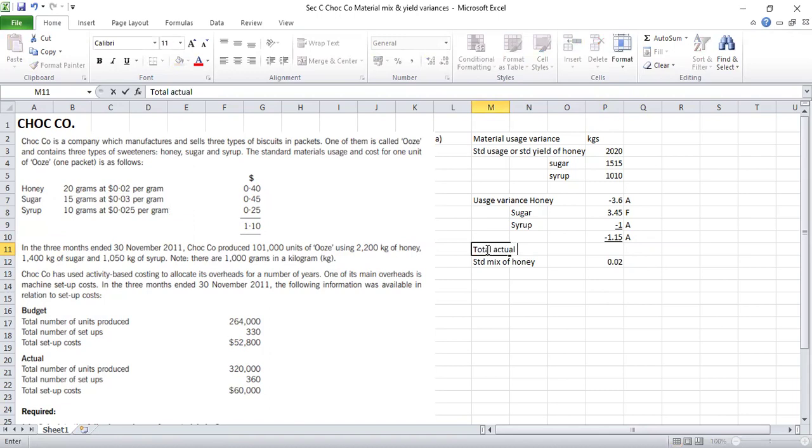So now we will add: the total actual usage is equal to 2200 from honey plus 1400 from sugar plus 1050 from syrup, so 4650 kgs is the total actual usage. So the standard mix of honey is 20 divided by 1000, converting into kgs, and then multiplying with the total actual usage, which is 4650. So 93 is the standard mix.